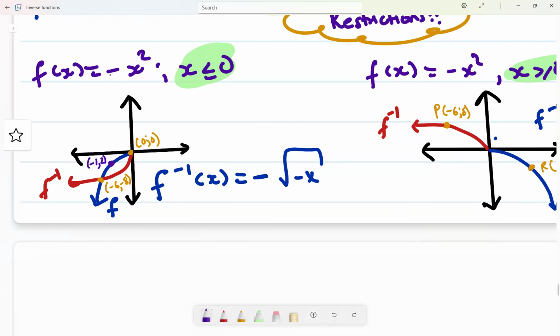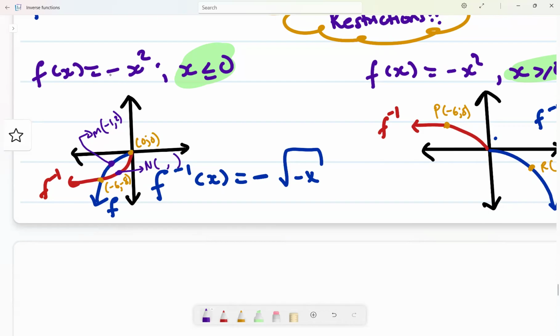Let's say this point is M with coordinates -1 and 2. They say now find this point here. That point is N, and it is a reflection of M in the line y equals x.